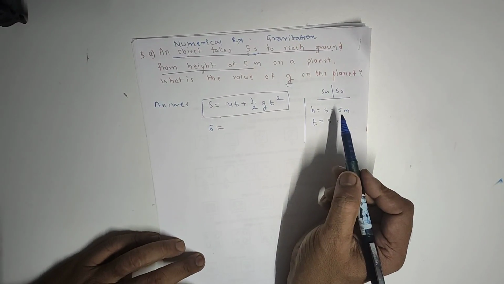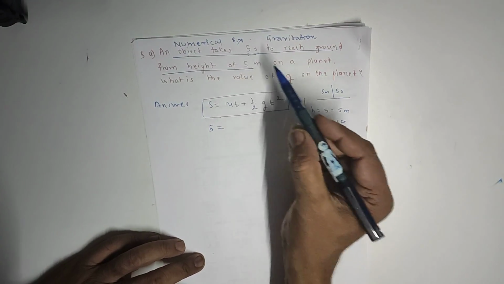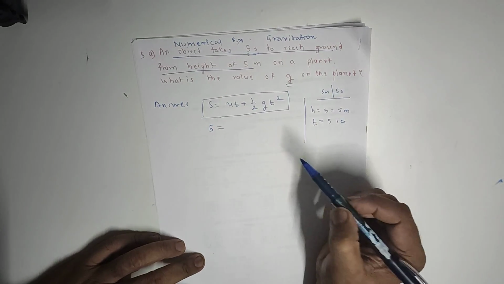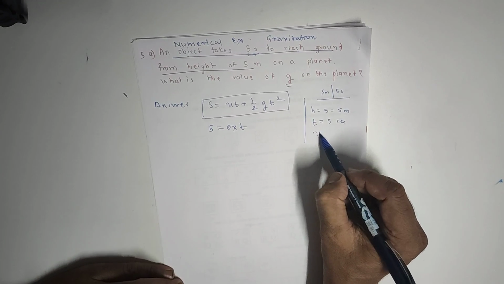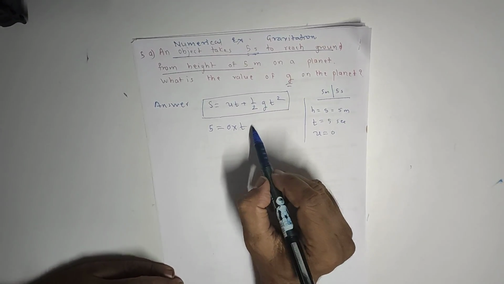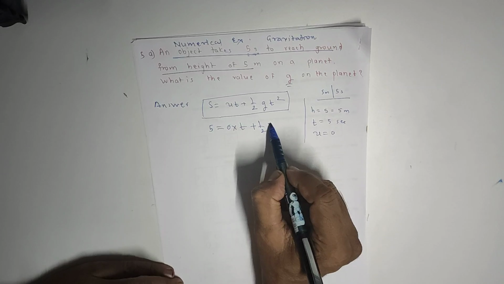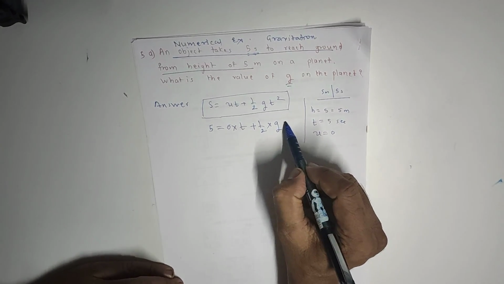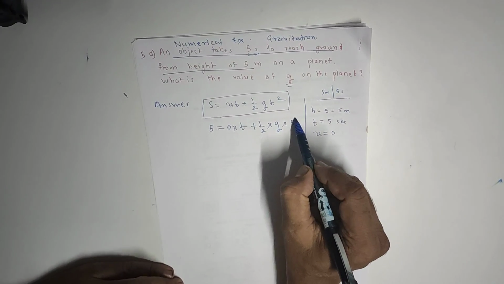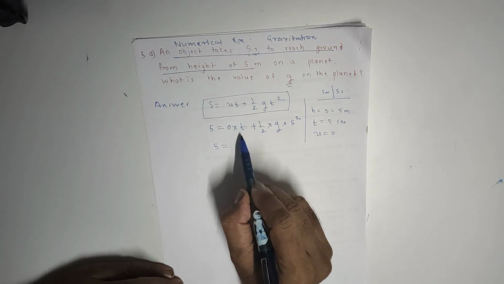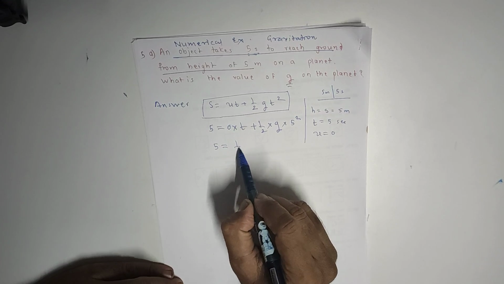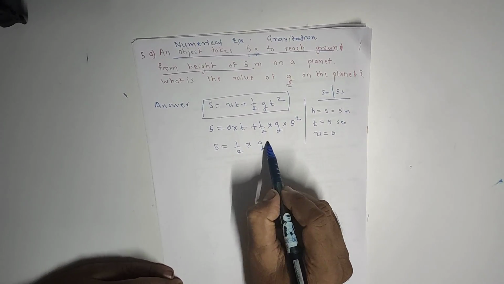u, here is an object takes 5 seconds to reach ground. Initial velocity is 0 here, therefore 0 into t, initial velocity is 0, plus half g we want to find, and t square, that is 5 square. Here 5 is equal to 0 into t, 0, plus half into g into 25.